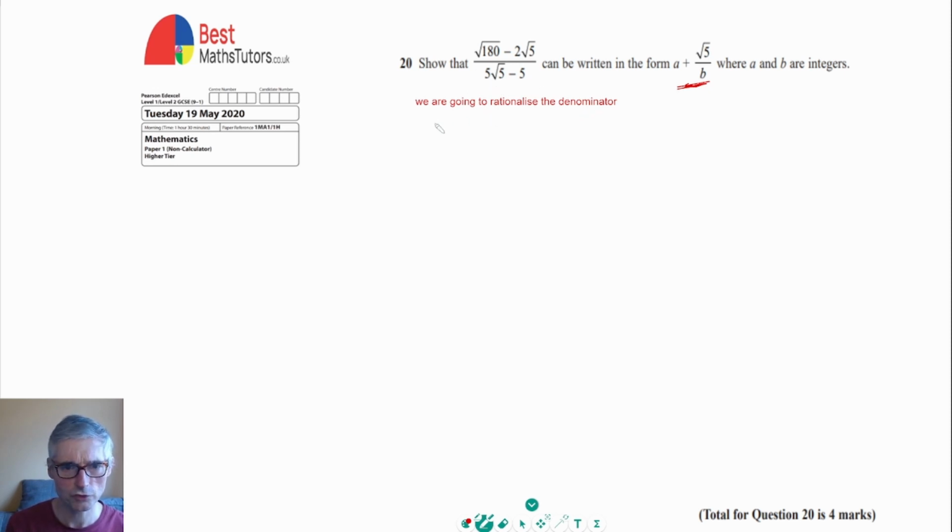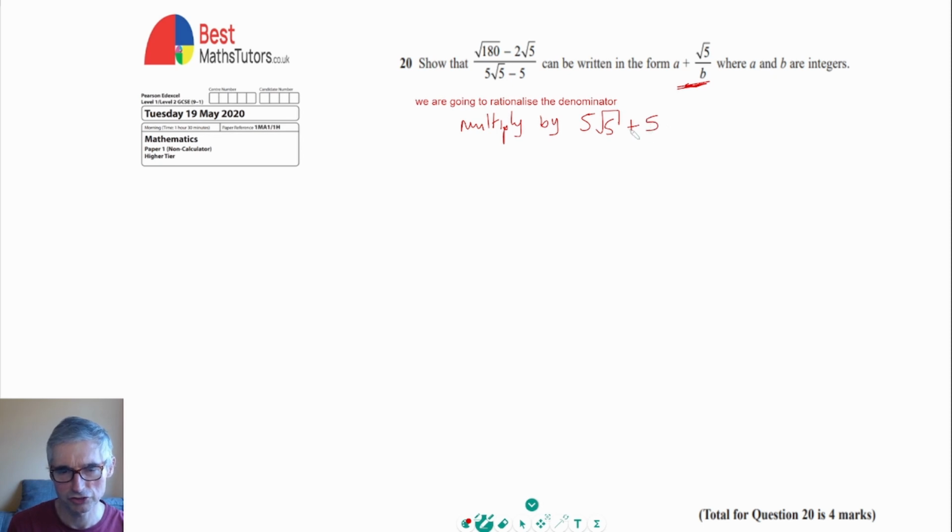To do this, since the bottom of the fraction is 5 root 5 minus 5, we have to multiply top and bottom of the fraction by 5 root 5, but we change the sign from a minus to a plus.